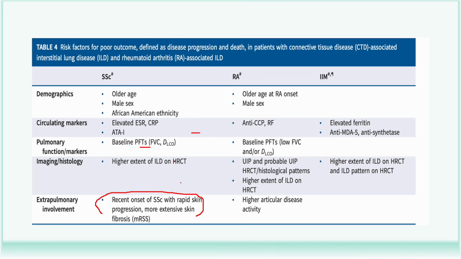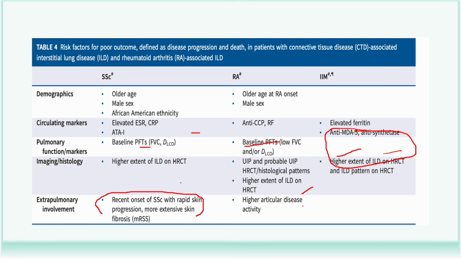For rheumatoid arthritis, the titers are important, the HRCT is important, the extent of involvement and articular disease involvement. And in IIMs, specific levels like elevated ferritin, which can be very useful clinically, anti-MDA5 presence, anti-synthetase presence, and higher extent of ILD.